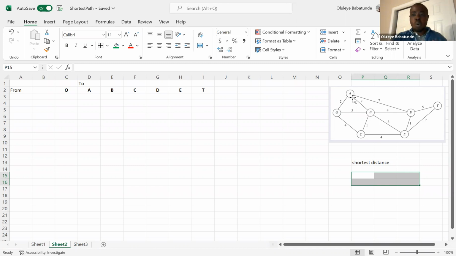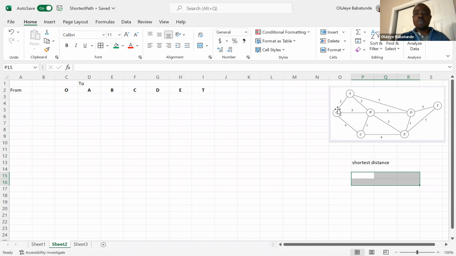Like between O and A, the distance is assumed to be 2 miles, 2 kilometers. It can be anything. Between O and B, the distance is assumed to be 5. Between O and C, the distance is 4. Between C and E, the distance is 2.